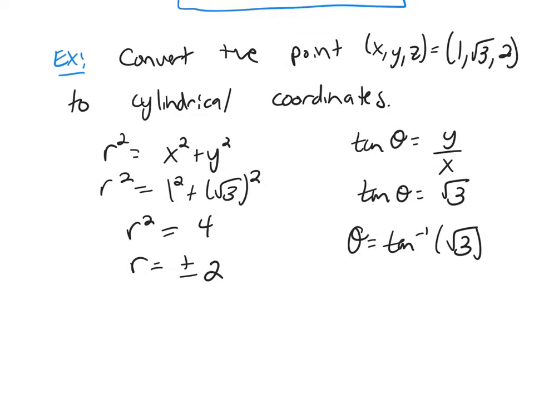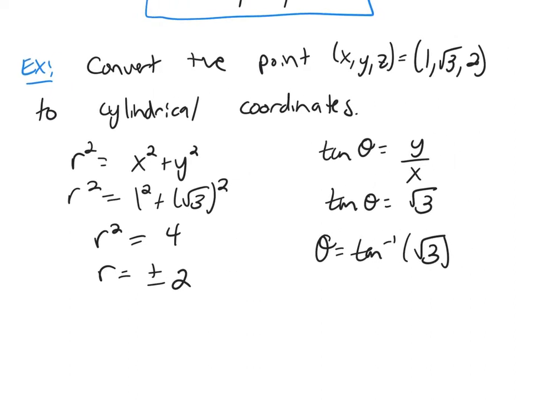So there are two angles on the unit circle where tangent is square root of 3. So we're going to need to think about the projection of your point on the xy plane. If I project onto the xy plane, my z coordinate becomes 0. And which quadrant am I in? Well, I'm in this first quadrant right here.